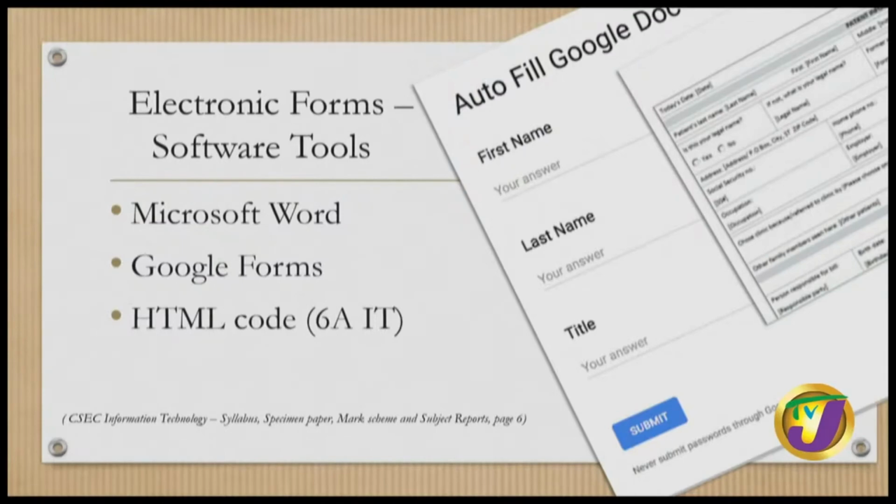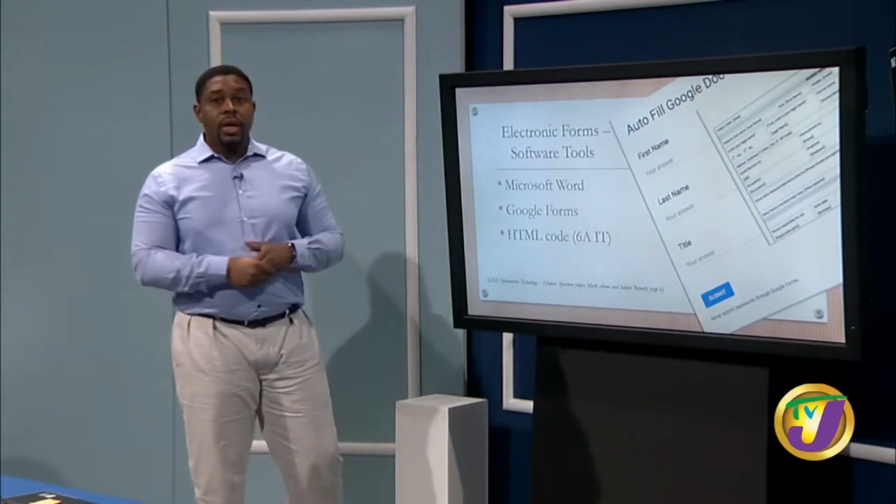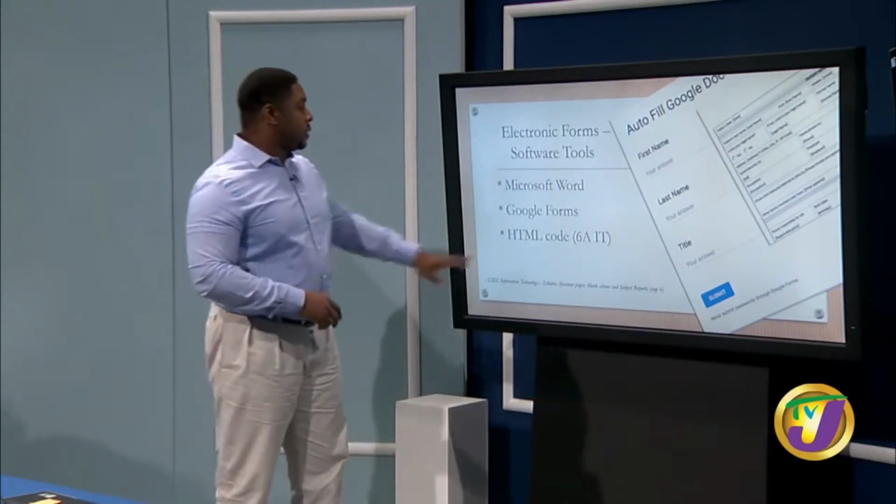I know that there are SurveyMonkey and some of these that give you some standard forms or templates to work with. But for our purposes at the CSEC level and possibly at the CAPE level, you should be able to create forms using Microsoft Word, Google Forms and HTML code. All right, but today we should be looking at Google Forms and how we can create forms in Google Forms.